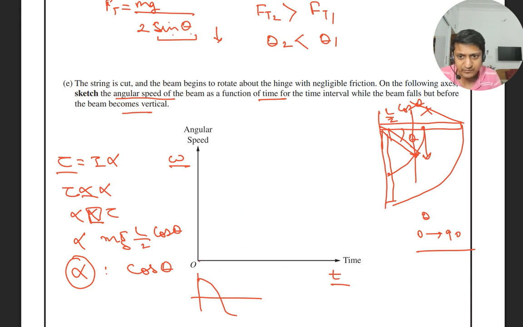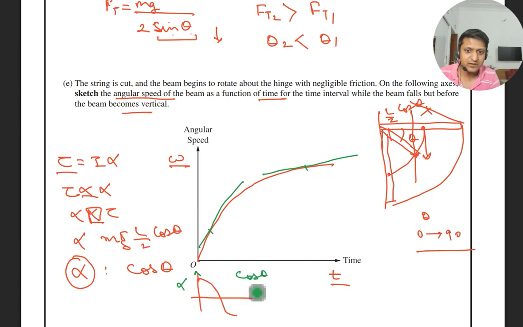So the graph will be like this, because you can see that the slope is decreasing like this, as alpha is directly proportional to cos theta, which decreases from 0 to 90 degrees.